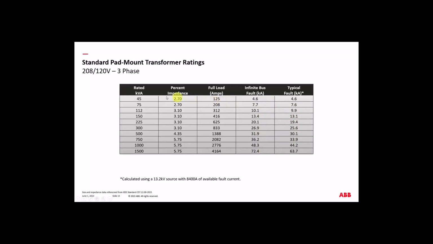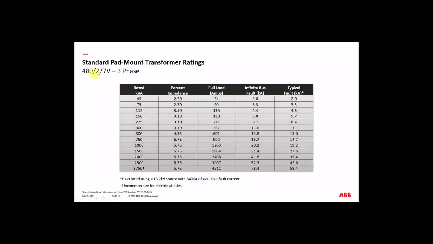For example, for a 75 kVA infinite bus, you'd get 7.7 kA of fault, and when you include the impedance, 7.6, not a big change. Then for some of the bigger units, 1500 kVA, it's 72 kA infinite bus versus 63 kA with the source impedance included.